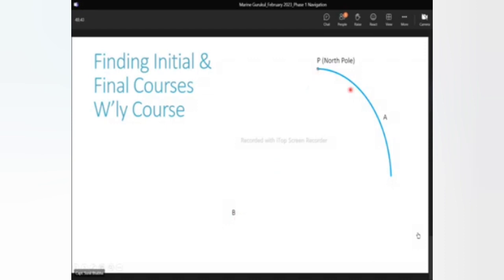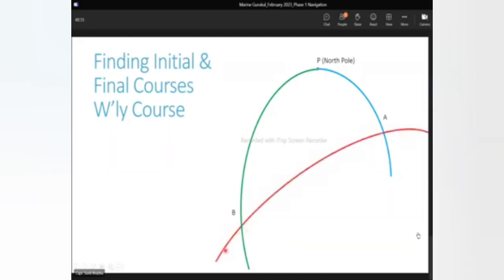We have the blue side, the PA side, and the second side, the PB side, of our spherical triangle PAB. And you can now see the third side representing the great circle track between A and B. The arrow shows the direction of the track. The vessel is moving from A to B.